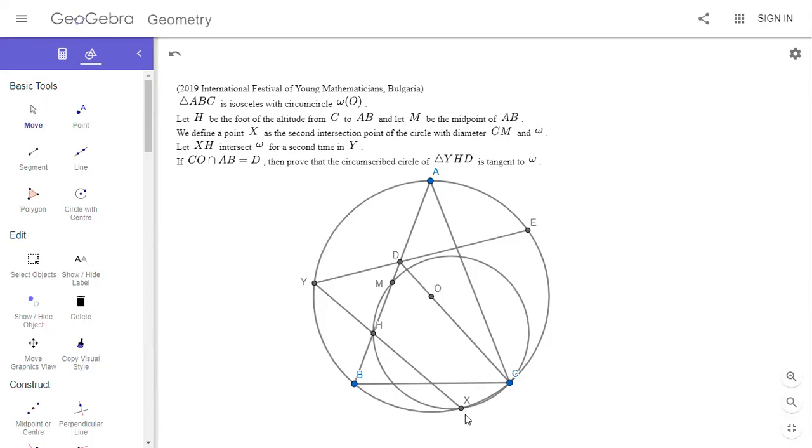So how do we show those are parallel? It feels like an easy problem, but let's see. We have to use that M is the midpoint of AB. So maybe that'll make it a little trickier. So I think it's the same as showing arc BX is equal to arc AE.